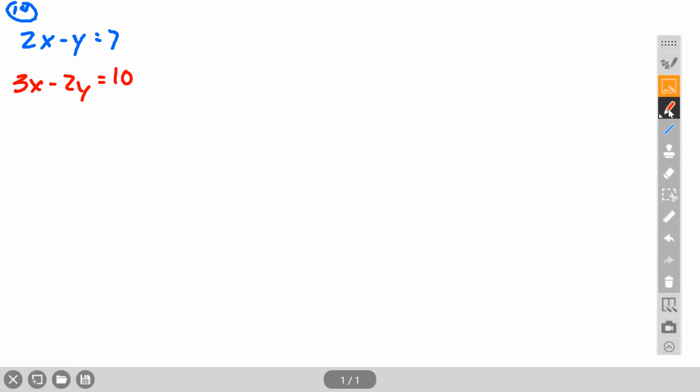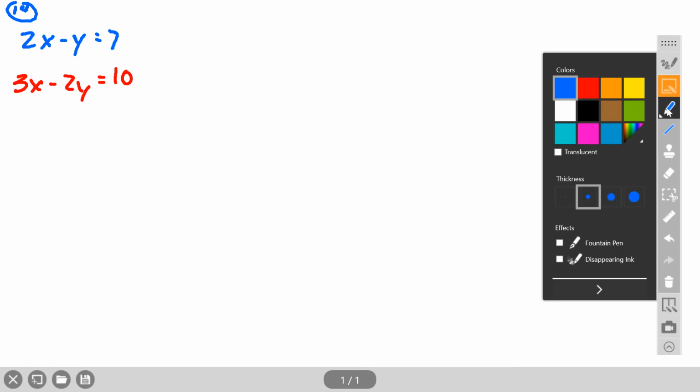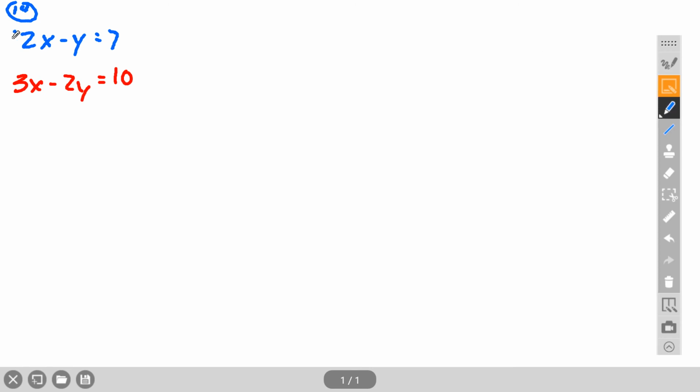Okay, so the key to this is making sure something eliminates. So it's looking pretty clear that I'm going to have to multiply the first equation by -2. So the y's will eliminate. I'll have +2y and -2y. So that becomes -4x plus 2y equals -14.